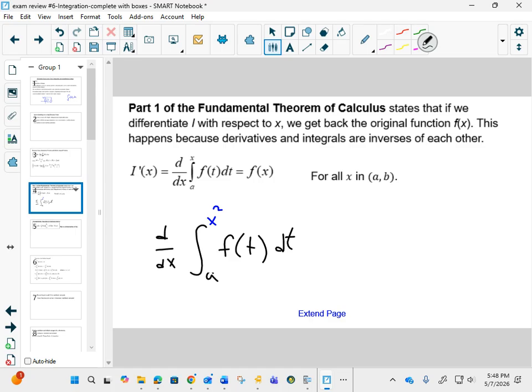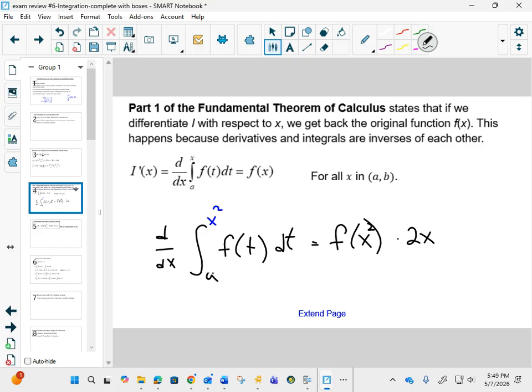It acts very similar to the original. You plug in the x squared for t, but then you also have to multiply by the derivative after. Right, because this would be a chain rule, so undoing it would look like this.